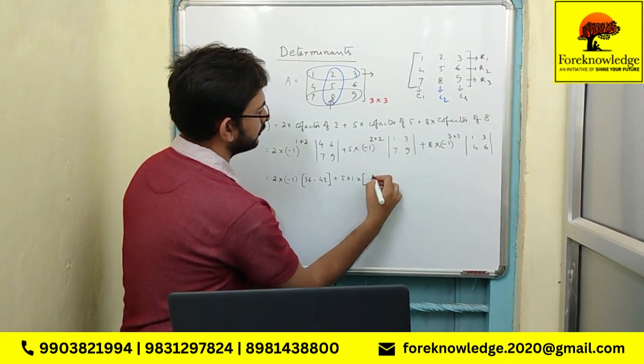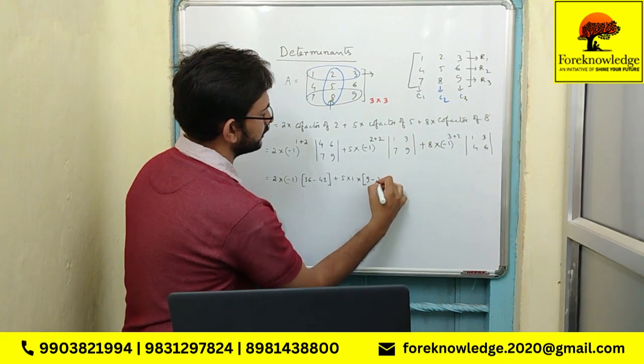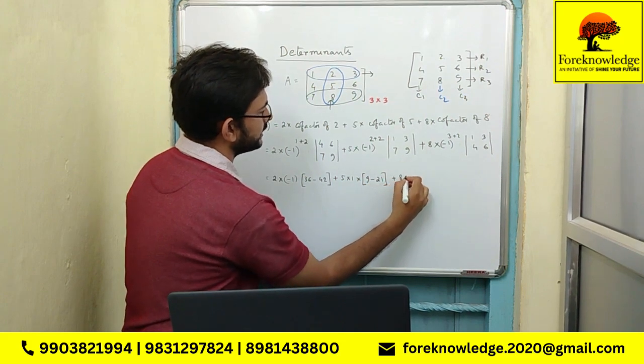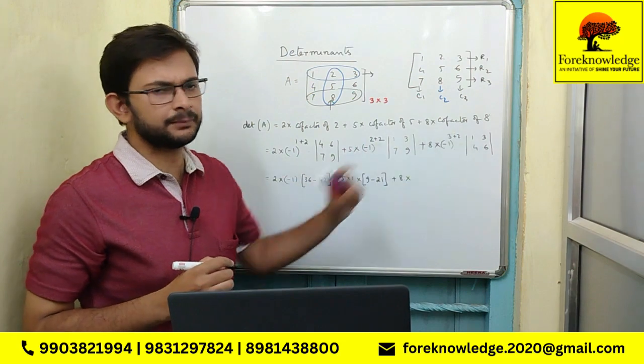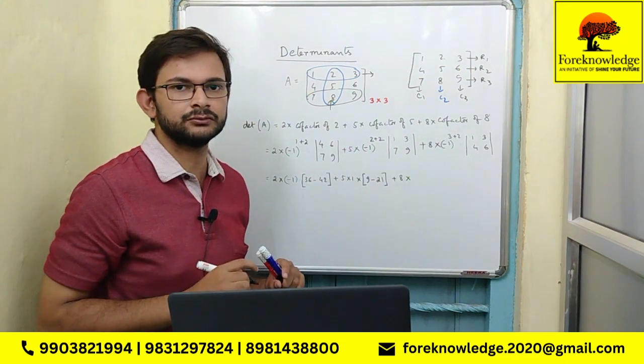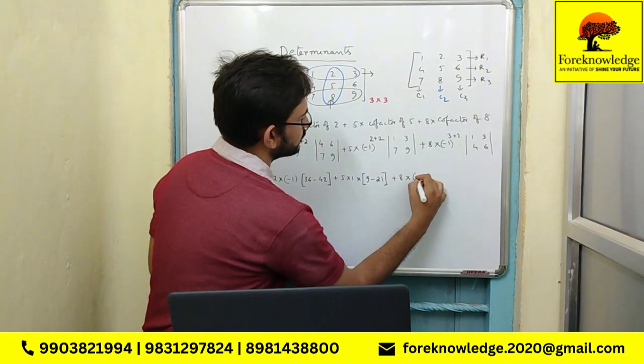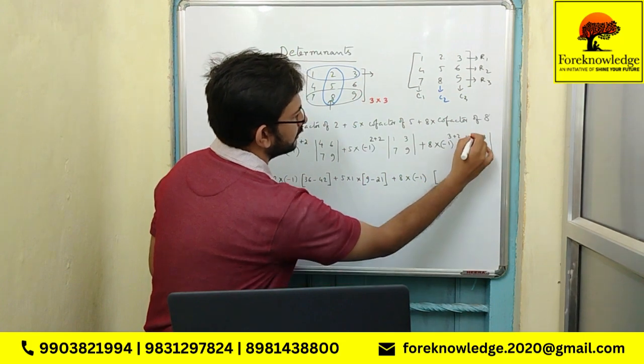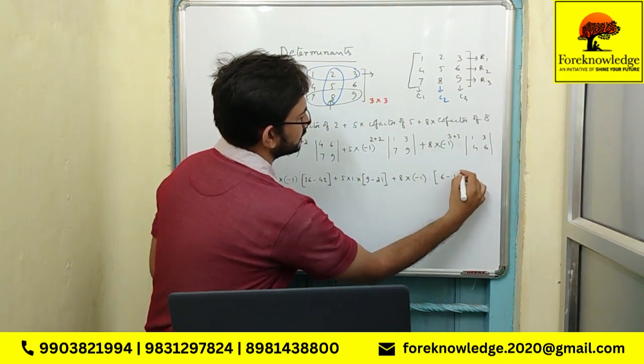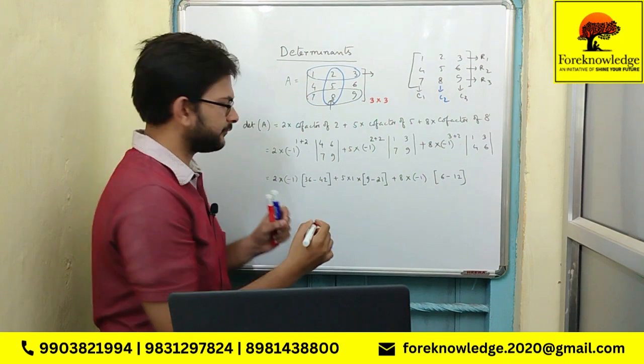subdeterminant 1 into 9, 9, minus 7 into 3, 21. Plus 8 into minus 1 to the power 3 plus 2, 5, that is minus 1 to the power odd, that means minus 1 into subdeterminant 1 into 6, 6, minus 4 into 3, 12. Simplify.